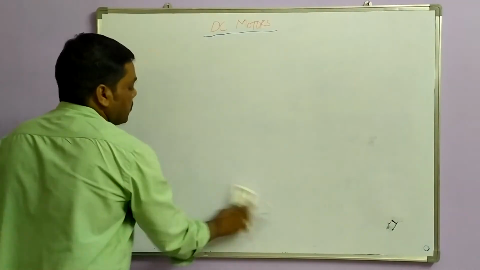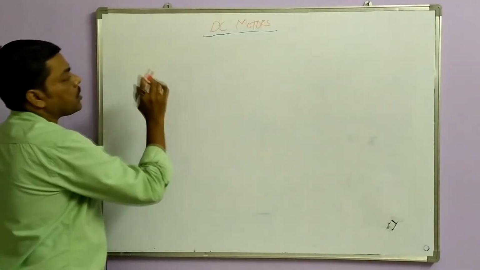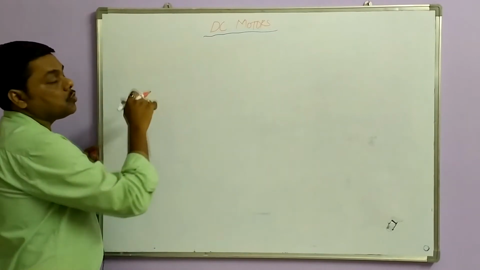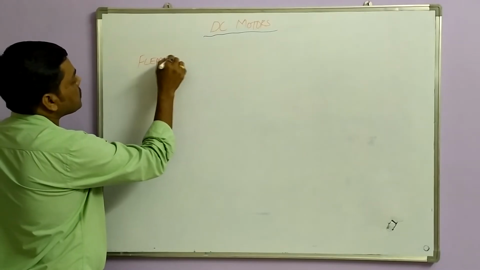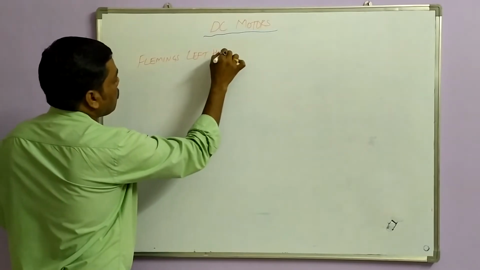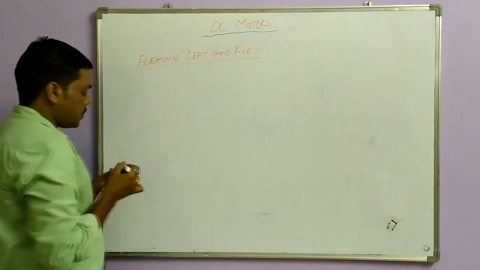Fleming's left hand rule is similar to Fleming's right hand rule. Fleming's right hand rule is used for generators, and Fleming's left hand rule is used for motors.